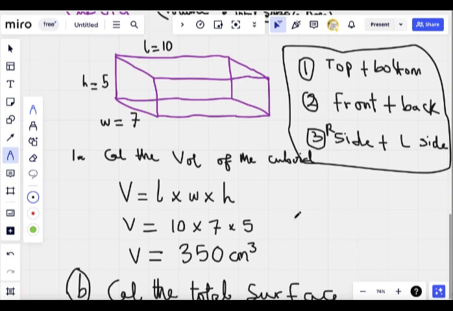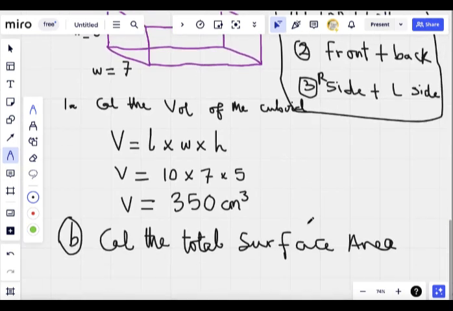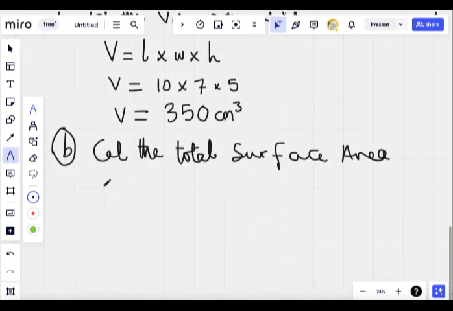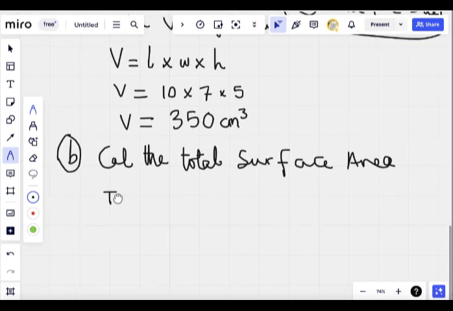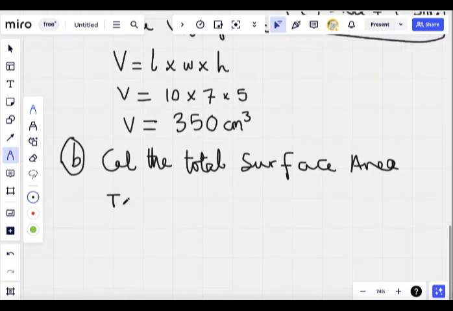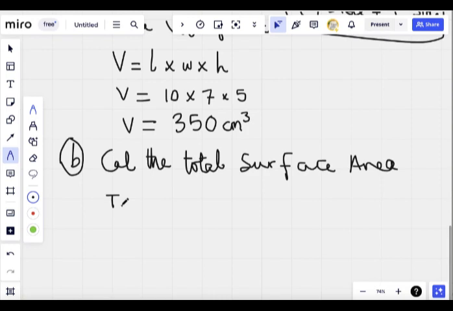So now how do we do the top? The top is length multiplied by the width. That's the area of the top. So we write that formula: top plus bottom.